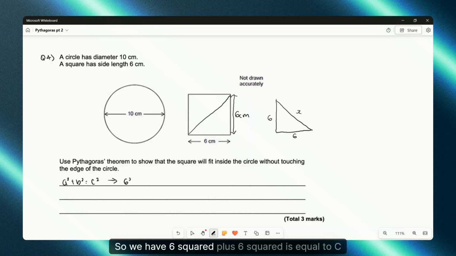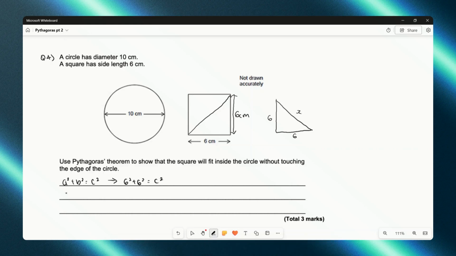So we have 6 squared plus 6 squared is equal to c squared. c squared is equal to 72. Therefore, c is equal to root 72, which as a decimal is equal to 8.5 to 1 decimal place.